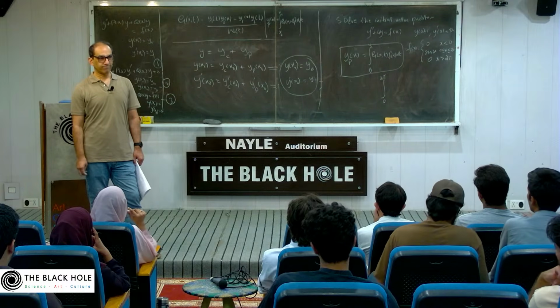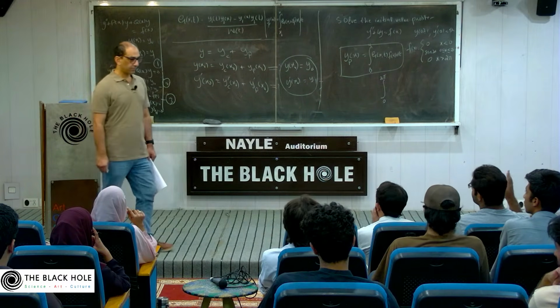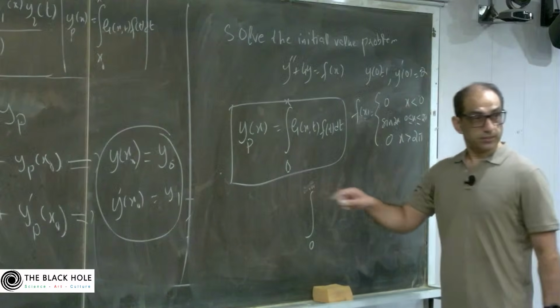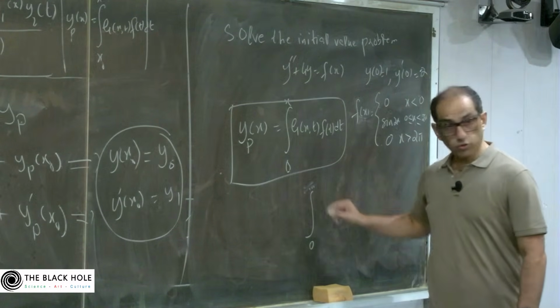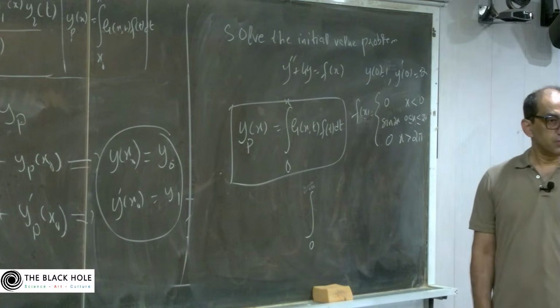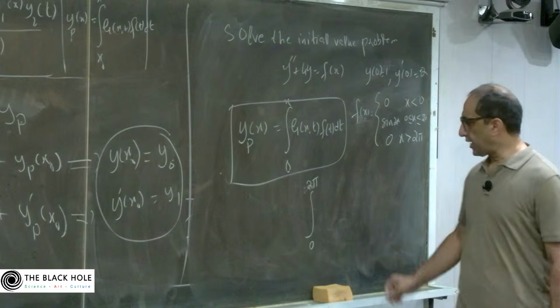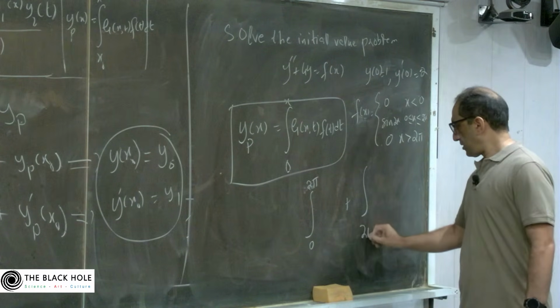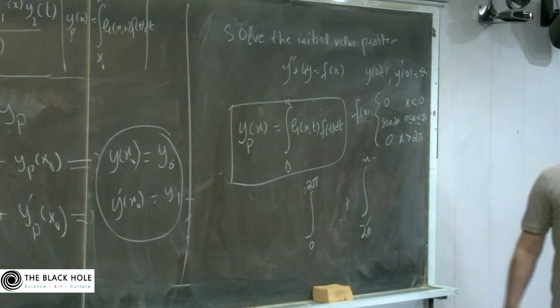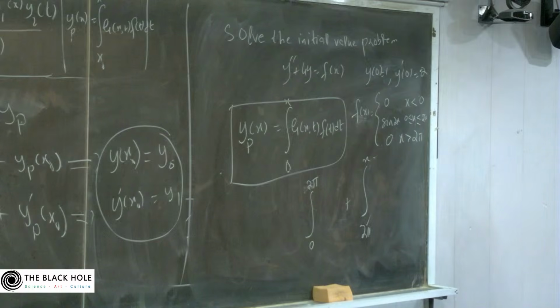Any idea? Good. So I should write 0 to, can I write like this? Should I write like this and this? Yeah?